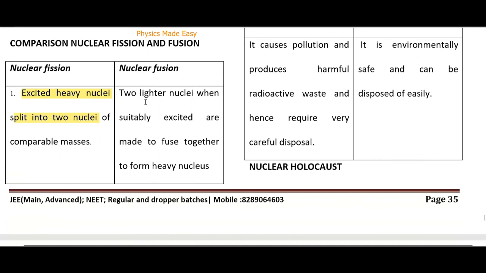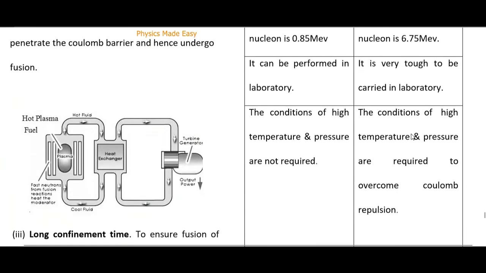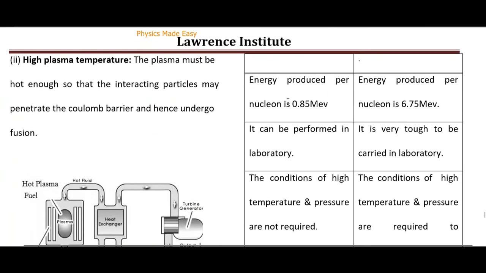In fusion, two lighter nuclei are suitably excited and they fuse together to form a heavier nucleus. In case of fission, heavy nuclei split into two nuclei of comparable masses. In both these reactions, a huge amount of energy is released.